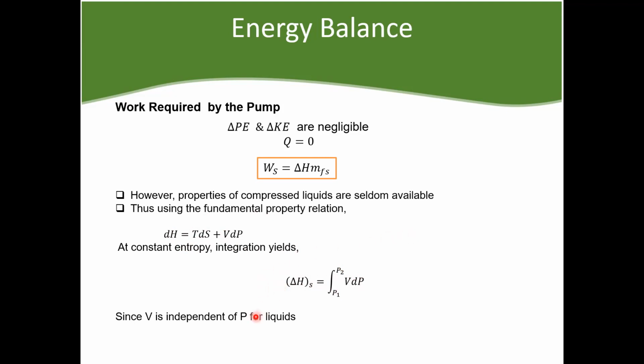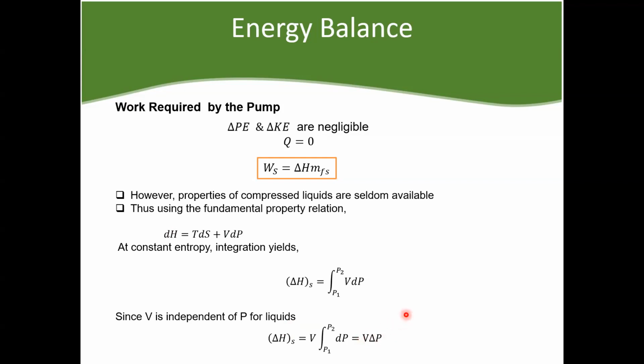And since V is independent of pressure for liquids, we're left with this equation, which is the ideal delta H. That's why there's a sub S here. It means this is the reversible constant entropy value, which is equal to V delta P.